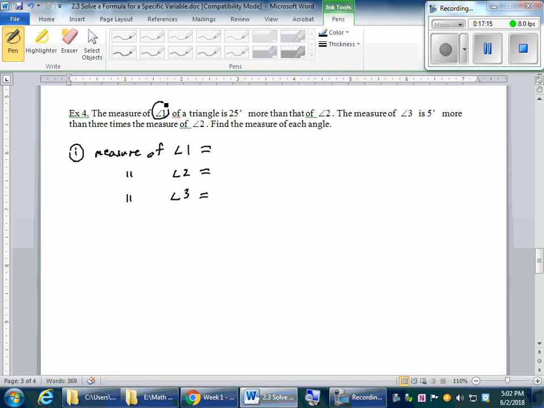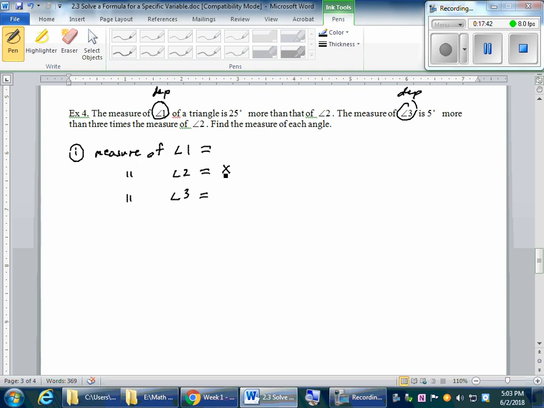The measure of angle 1 is 25 more than the second, so angle 1 is dependent on the second one. And the measure of angle 3 is 5 more than 3 times the measure of angle 2, so angle 3 is also dependent on angle 2. Therefore I can say that my angle 2 will be x.